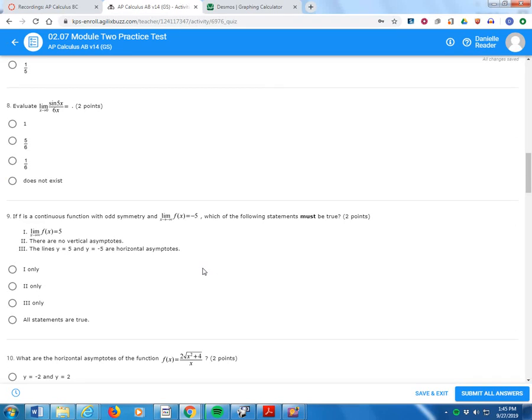Limit of sine 5x over 6x. There's a strategy using derivatives, so I know it's 5/6. But I'm trying to tell you that when you're in the early phases, let's graph it and see. Sine 5x over 6x.